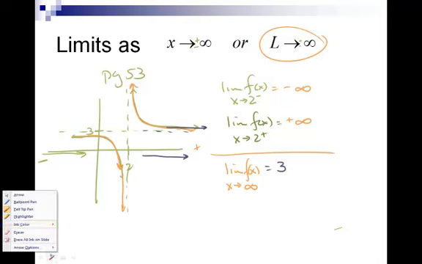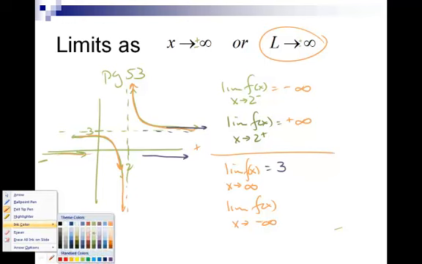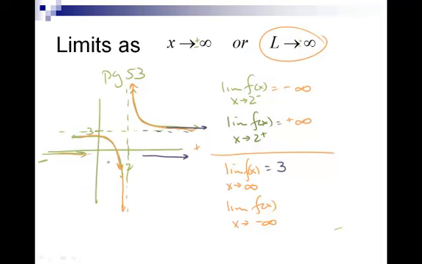The other direction, taking a look at the limit of f of x as x approaches negative infinity, coming towards the left, so going this direction on the graph, we also approach 3.